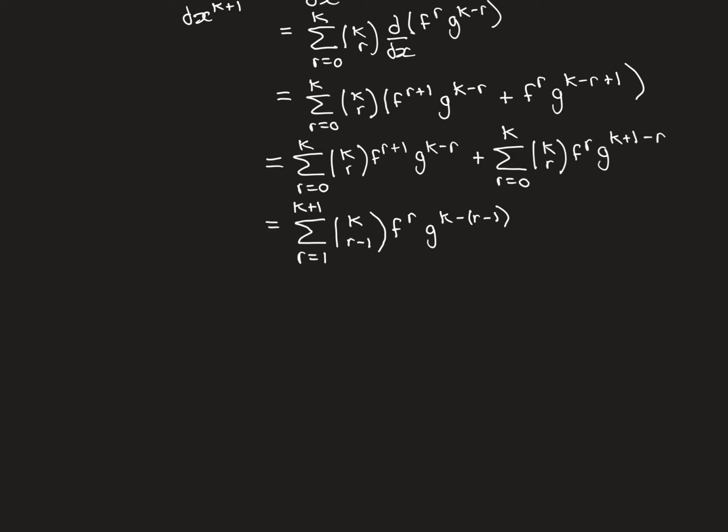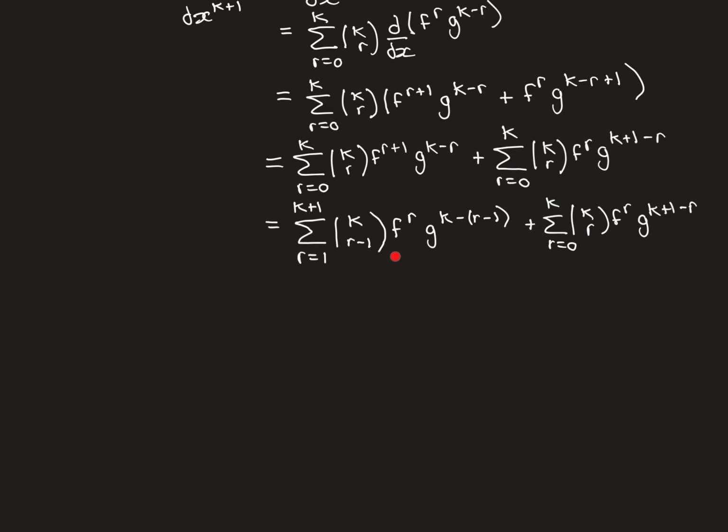Then with this thing, is there anything further that we need to do here? There's nothing further that we need to do for this at the moment, so we'll just leave that one. So plus this same thing, and I'll write it out just to make sure that I don't make mistakes later on. So k choose r, f differentiated r times g differentiated k plus 1 minus r times.